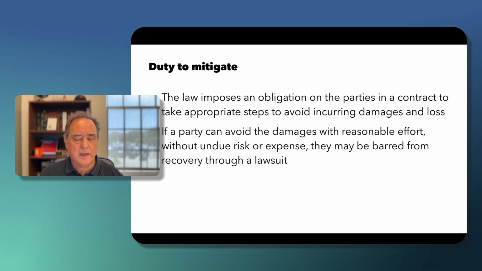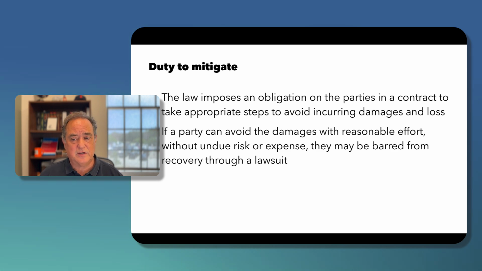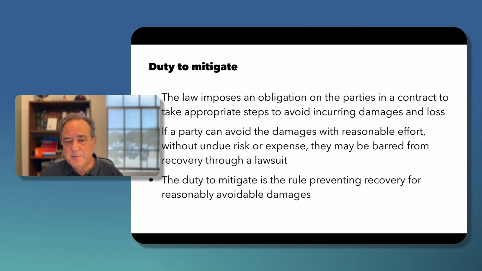And when it comes to calculating damages, one can be assessed the damages that could have been mitigated rather than the actual damage figure. The duty to mitigate is this rule preventing recovery for damages that were avoidable.